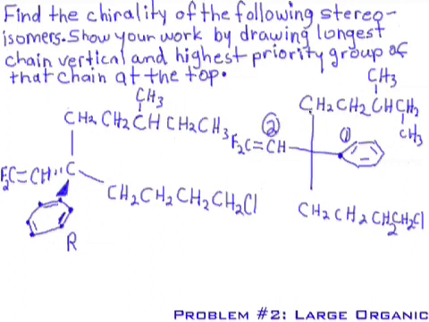And then if you proceed out the chain, this carbon here has a carbon, he has a carbon, he has an H, he has an H, he has an H, he has an H. Proceed out, look at these 2 carbons now, carbon, carbon, H, H, H, H, still the same. Proceed out, get this carbon now. This carbon has a carbon, he has a carbon, he has another carbon, he has an H, first point of difference, he becomes number 3.